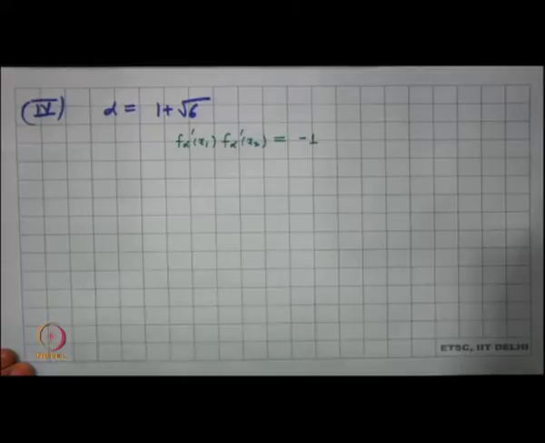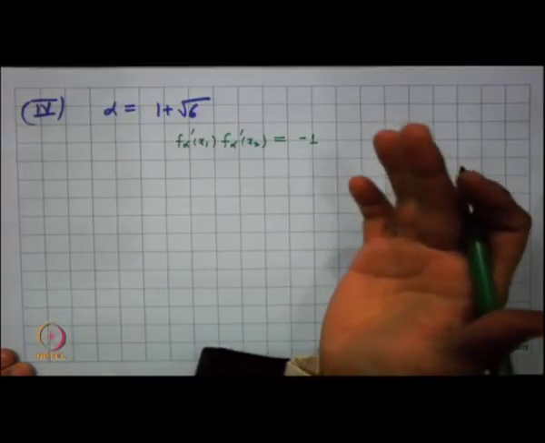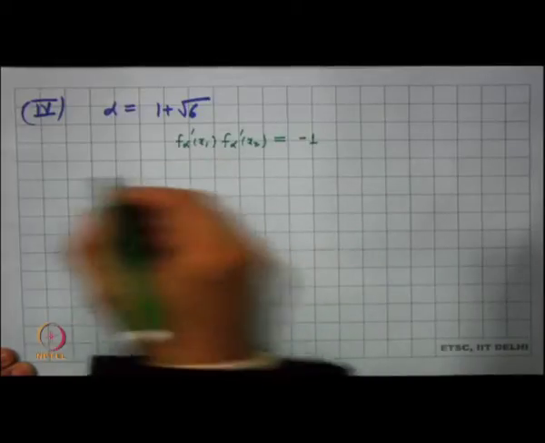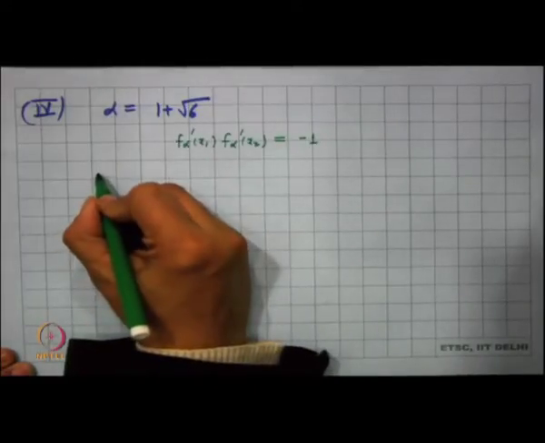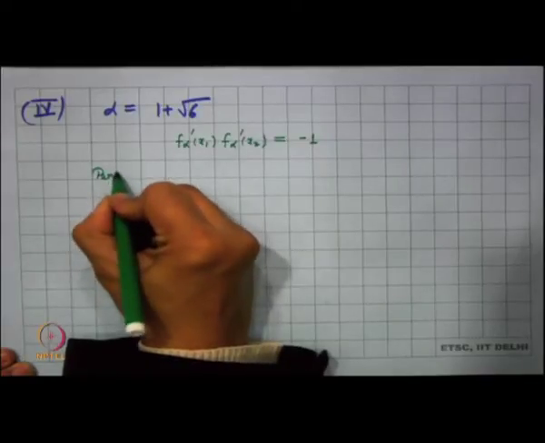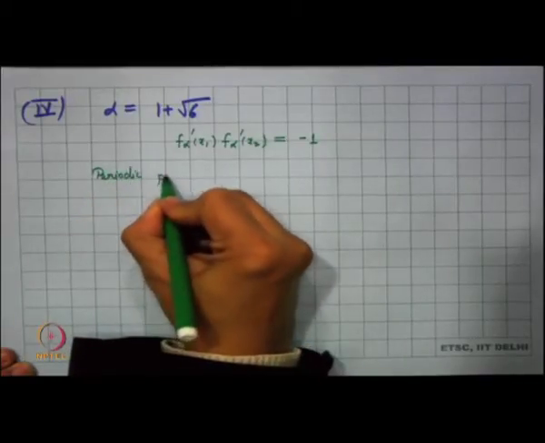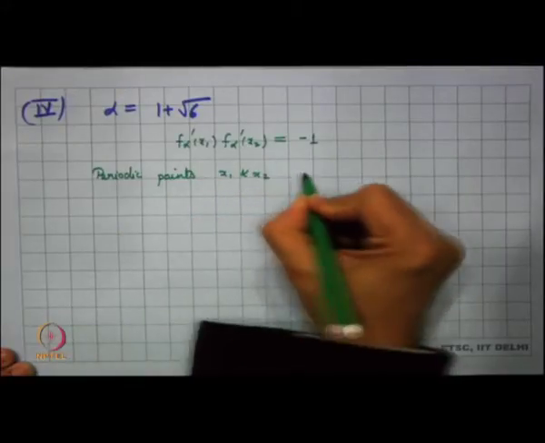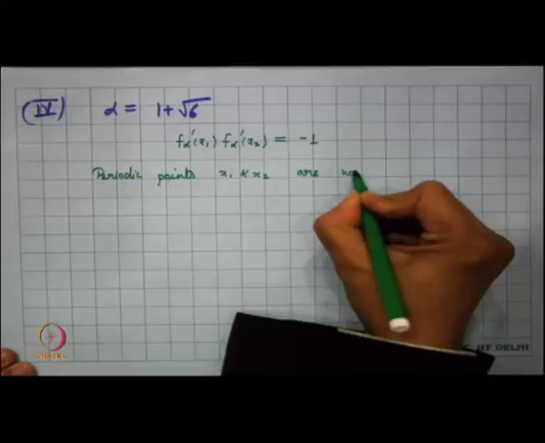So, now we have that this periodic orbit is non-hyperbolic. It is a non-hyperbolic periodic point. I should say that the periodic points are now non-hyperbolic.